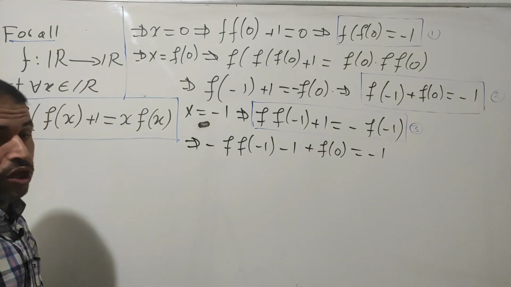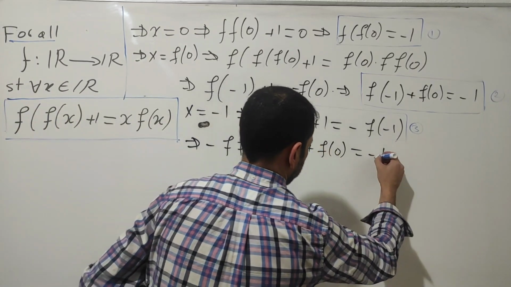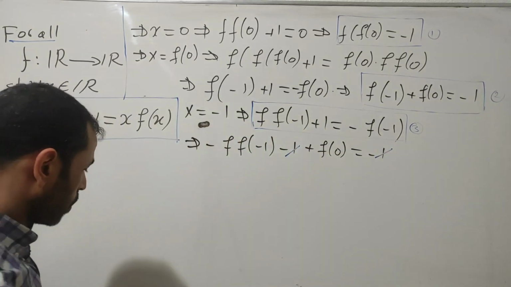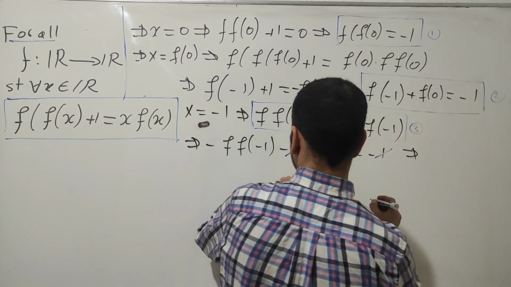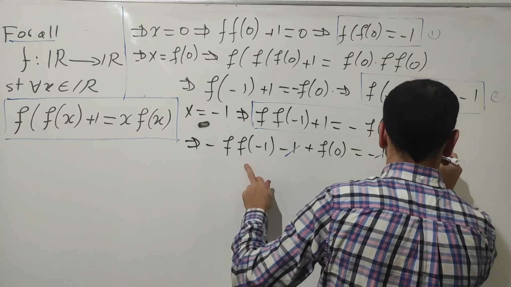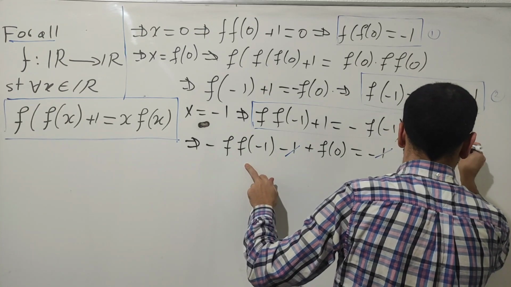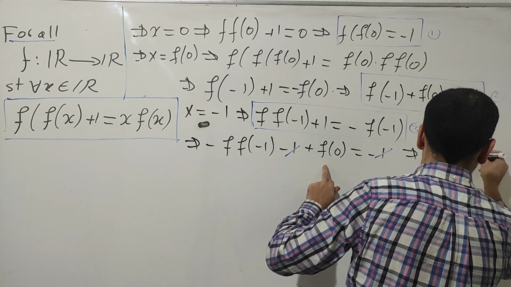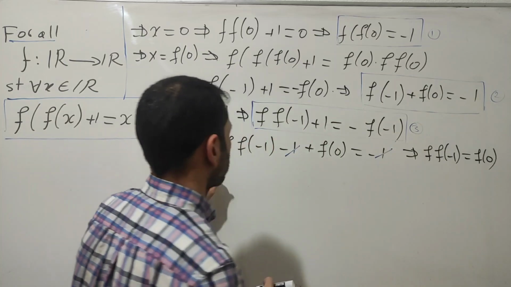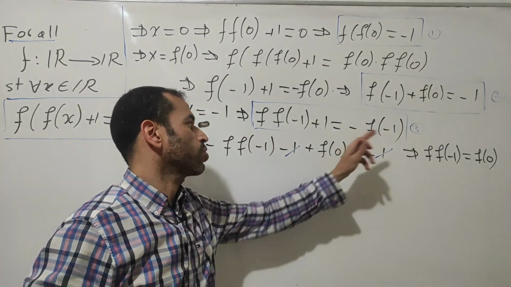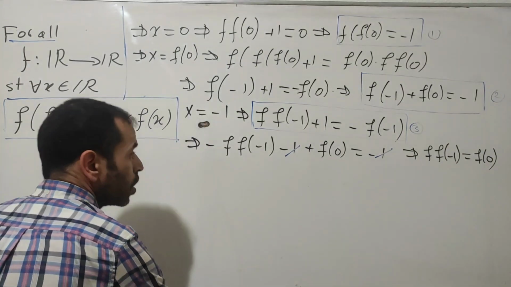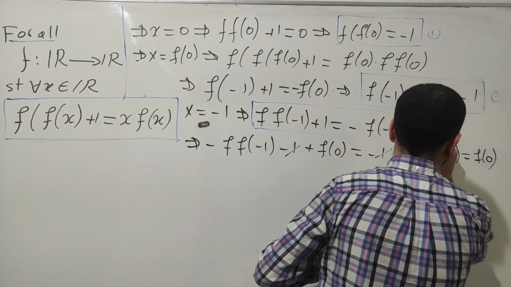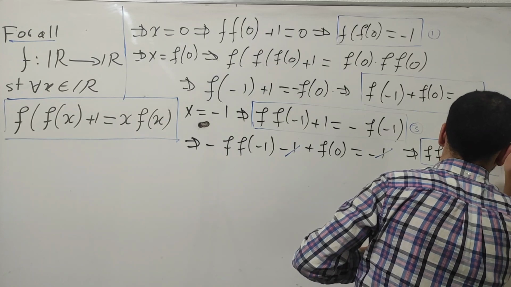We'll have a nice simplification here: minus 1 is going to be cancelled out with this minus 1. Then I will end with f of minus 1 equals f of 0, because the minus 1 moved over to the right cancels out with the minus sign. So I end with the fourth equation, equation number 4.